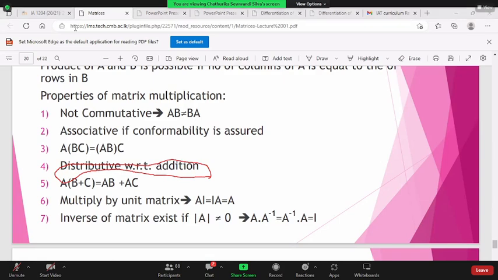Anyone? So how did you calculate the inverse? There are a lot of methods to calculate the inverse, but under basic maths, what is the procedure that you have gone through in order to calculate the inverse? What method did you use to find the inverse?